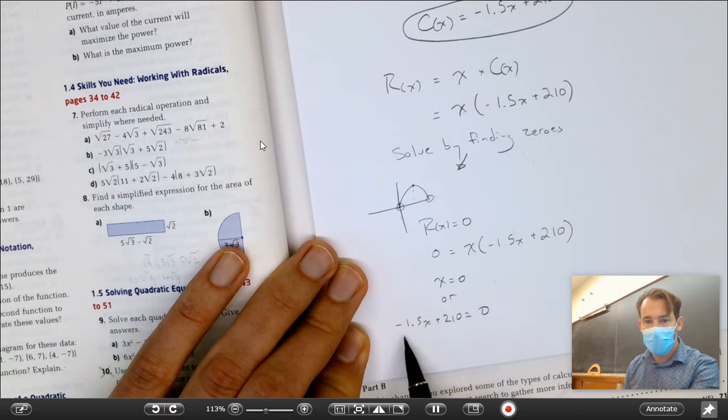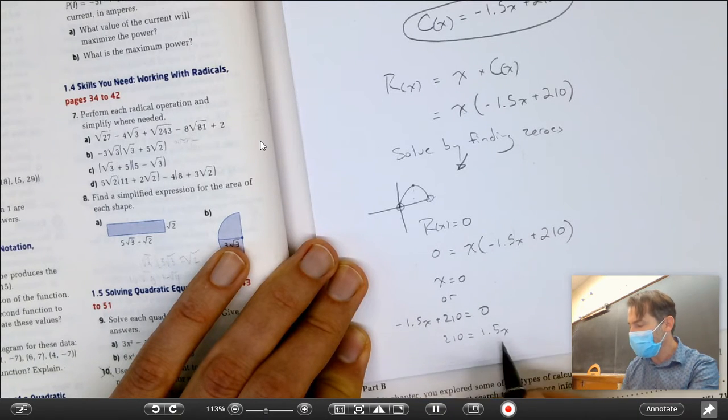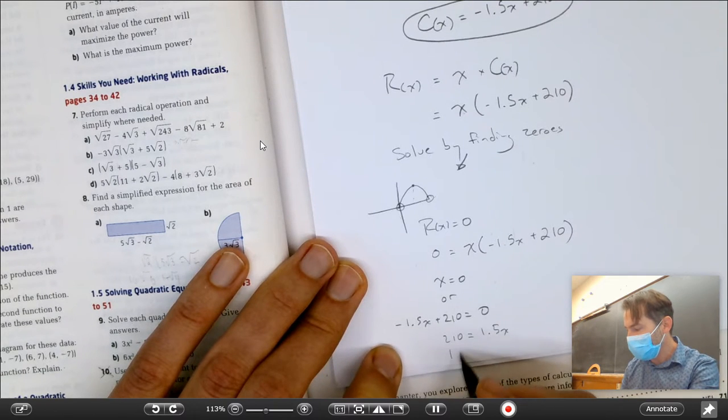So now, where does that equal 0? Well, let's move this to the other side. 210 is equal to 1.5x. So divide both sides by 1.5, and I get that 210 divided by 1.5 is 140. Check your calculator and you'll find that's true. 140 is equal to x.